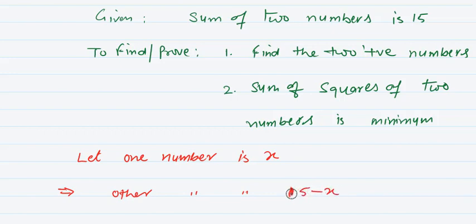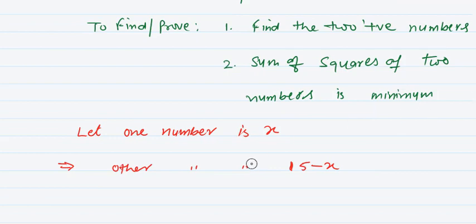Or you can start with one number x and the other number y, then x plus y is equal to 15. From there also you can calculate either x or y. This is one and the same thing; you can move in any way. Now the second thing is the sum of squares of two numbers is minimum.